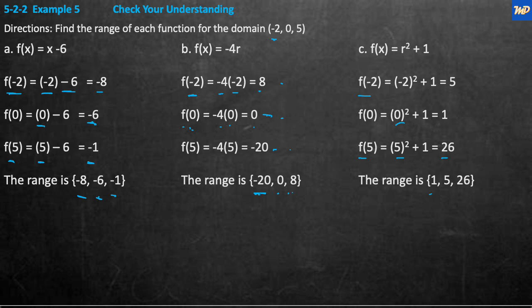And in order, 1, 5, 26. So these are not in the order that they were solved. They're in the order from least to greatest. Okay? These are not ordered pairs. You can't make ordered pairs directly out of these because they might be out of order. Okay? So they're just domain and range is all we're talking about here.